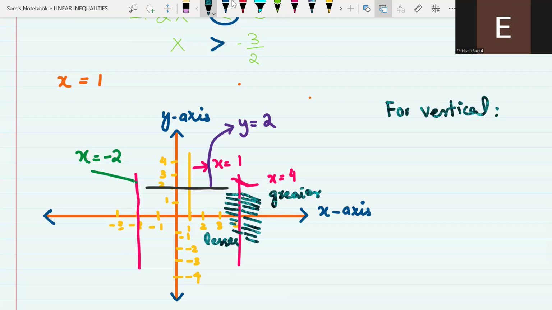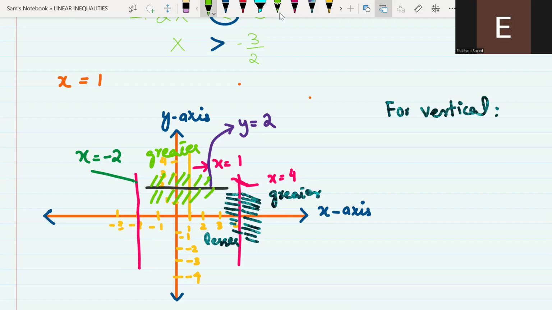Is the greater region coming up or down? Up. So the greater region is above the line, and below is lesser.